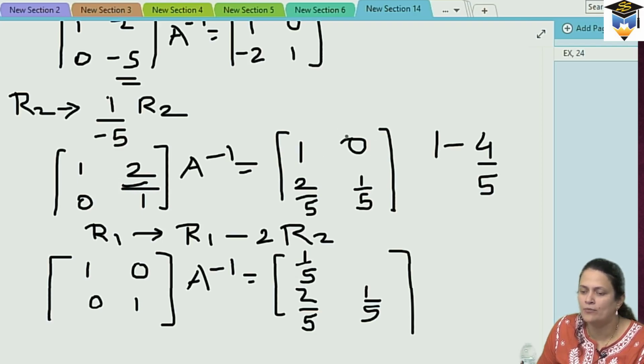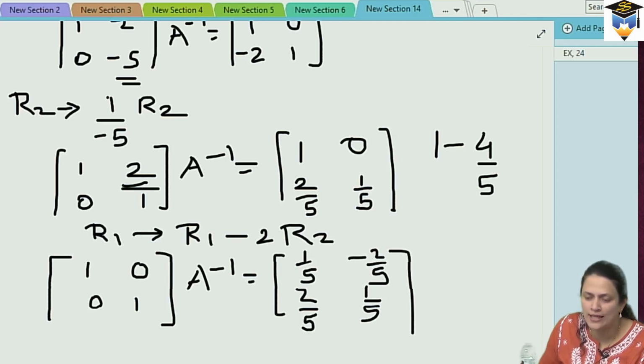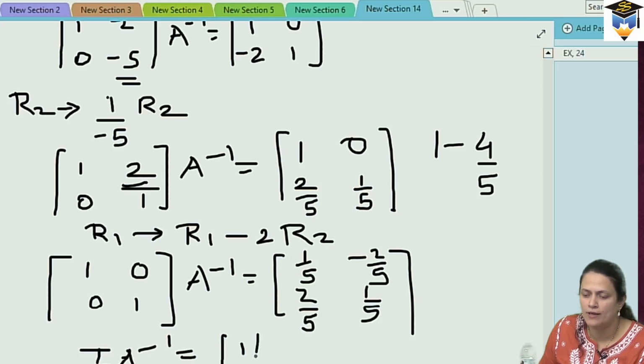Similarly here it will be R1 minus 2 by 5, so this is going to be minus 2 by 5. So as you can see, this is nothing but I into A inverse is equal to 1 by 5, 2 by 5, minus 2 by 5 and 1 by 5.